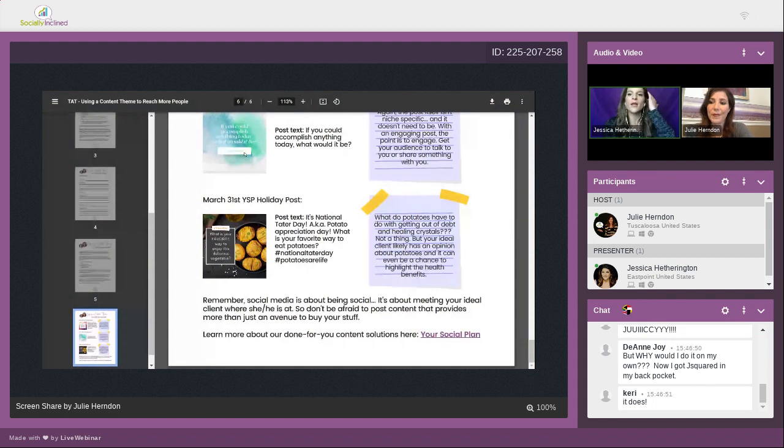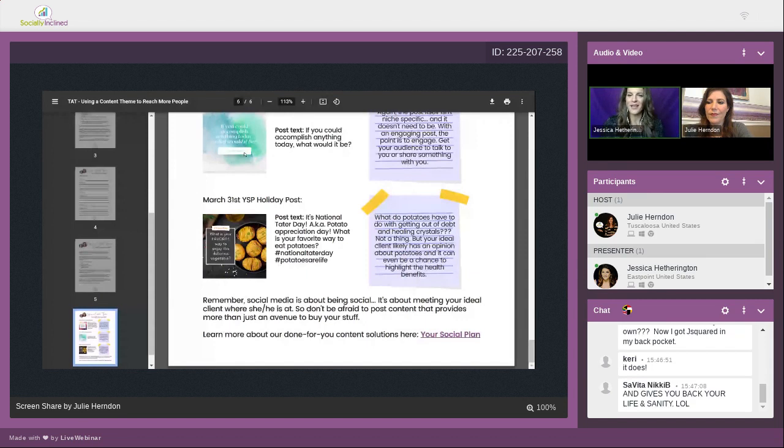So whenever we were able to alleviate that by creating Your Social Plan for ourselves, my life got a whole lot better, and I was able to focus on, I didn't have a kid at the time, but I was able to spend more time going out, doing things with my husband and going hiking and things like that. And I really could feel my time commitment to my business relax a little. And that's just a little tidbit as to how we came about full circle to where we are today.